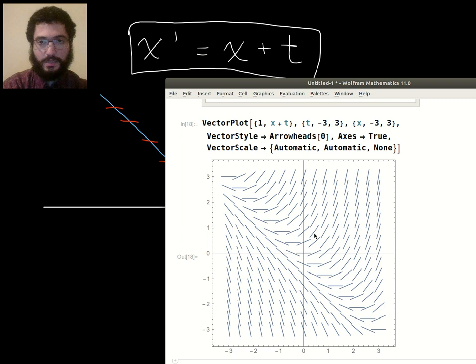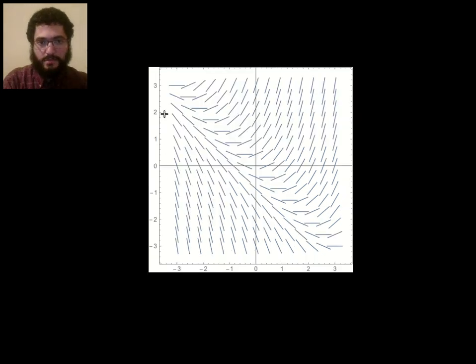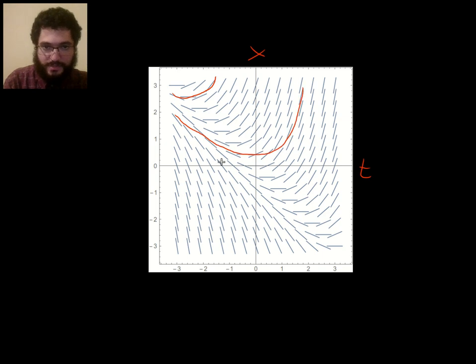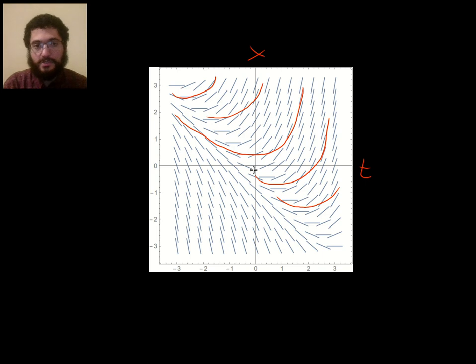Let me try to draw on this to show you what I mean. So here's t, x, and there's going to be a whole bunch of solutions that tend to follow these curves. I don't know if what I'm drawing are exact solutions, but you can imagine that there are many solutions, one for each initial condition. So the picture as a whole is a picture of the general solution.